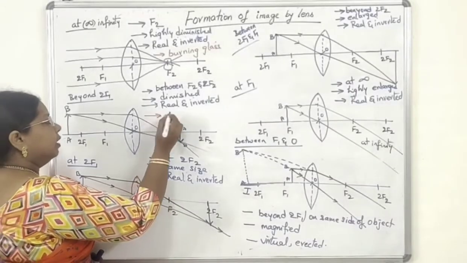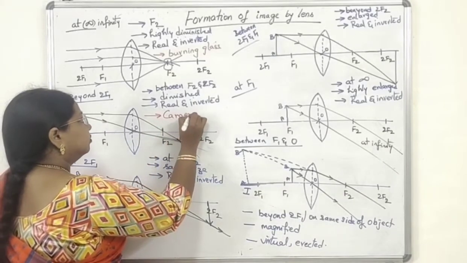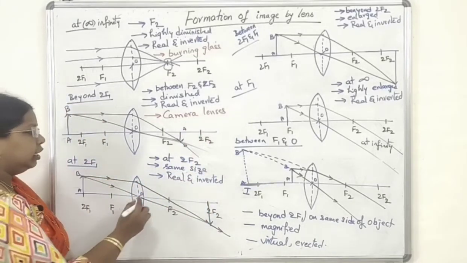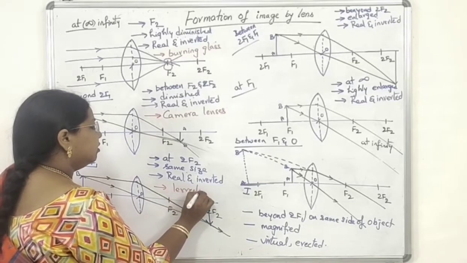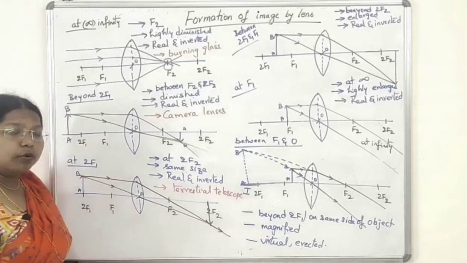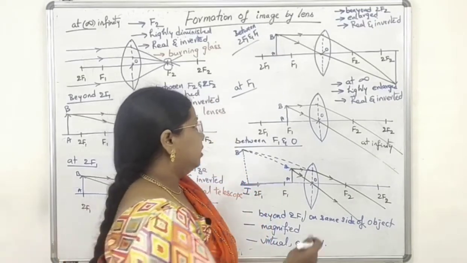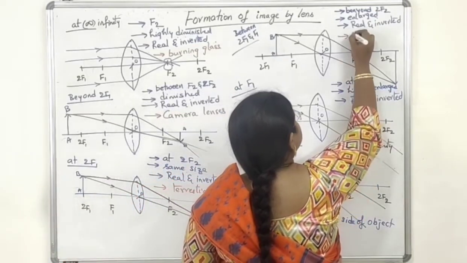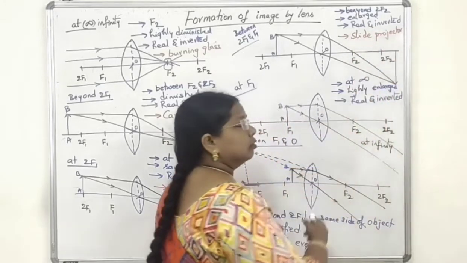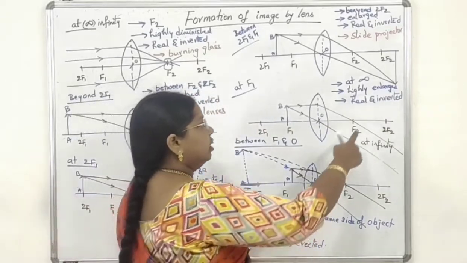So we use this phenomenon in burning glasses. One type of application is used in camera lenses. And next one, at 2F1, it is used in the terrestrial telescope. And next one is used in slide projectors and microscopes. In slide projectors, we see this type of enlargement of the image.